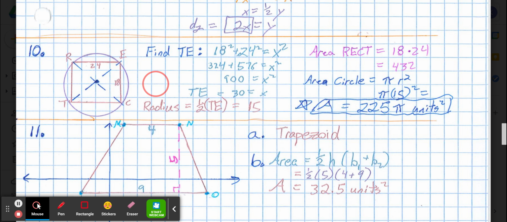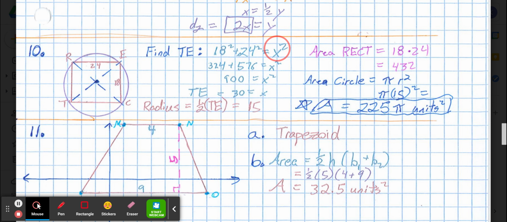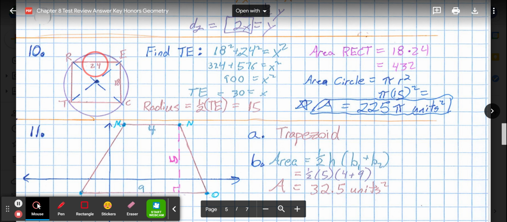So we can figure out that diagonal length by doing 18 squared plus 24 squared equals x squared. When we go through the math, that gives us 900 being x squared, so we know the length of TE was 30. So then, the radius of my circle is half of TE.